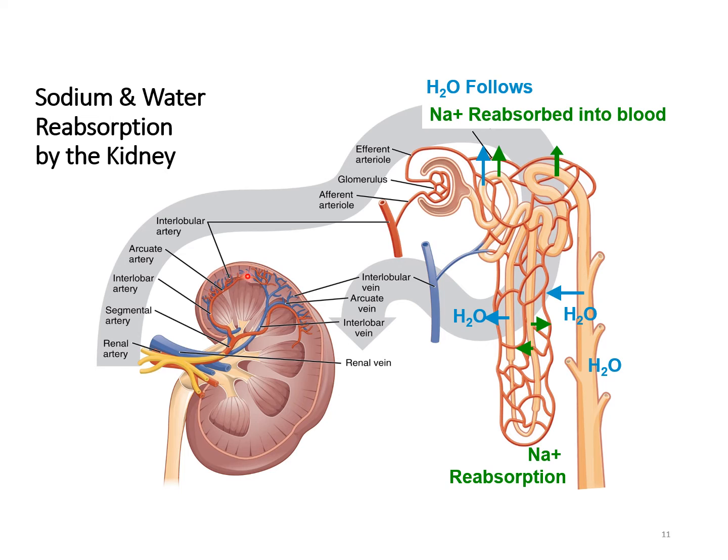As blood flows through the capillaries, blood is filtered from those capillaries, the filtrate, most of which is then reabsorbed back into the blood. 99% of what was filtered is reabsorbed and returns to the bloodstream.